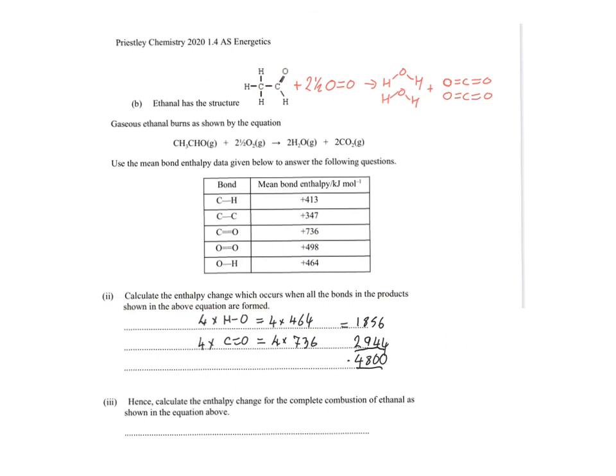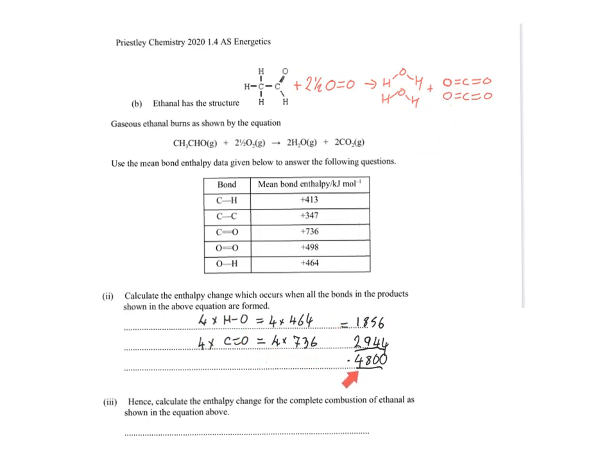The next part of the question asked you what is the enthalpy change when all of the bonds in the products shown in the above equation are formed. So we've got 4 lots of oxygen hydrogen bonds, which is 4 times 464, as you can see from here, and 4 lots of carbon oxygen bonds, which is 4 times 736.